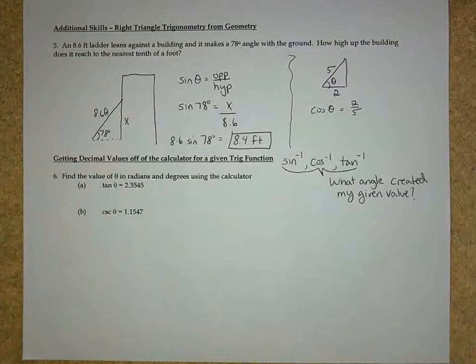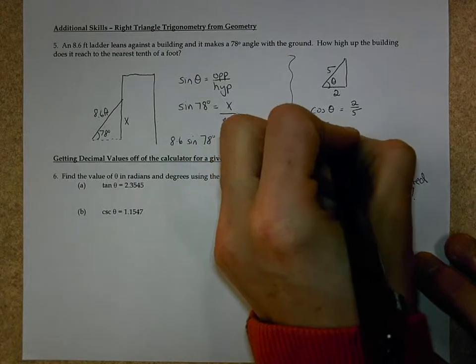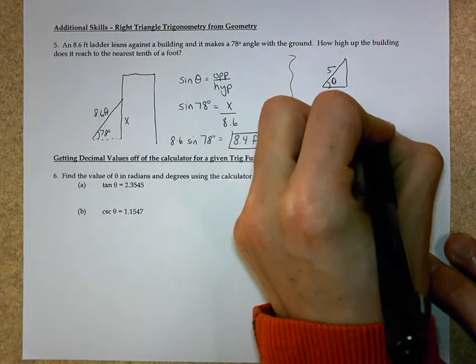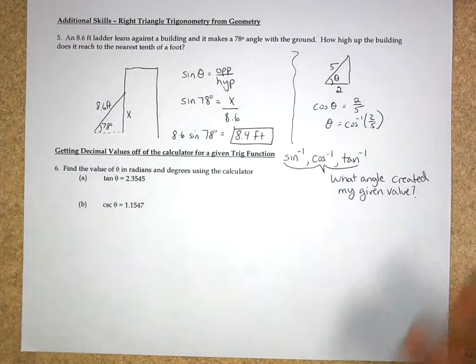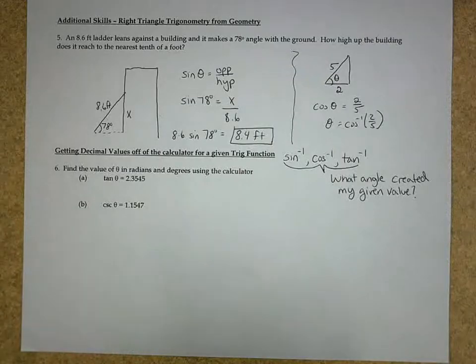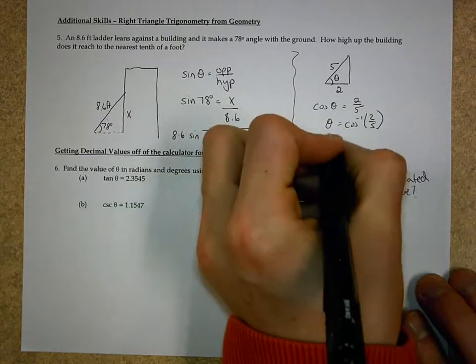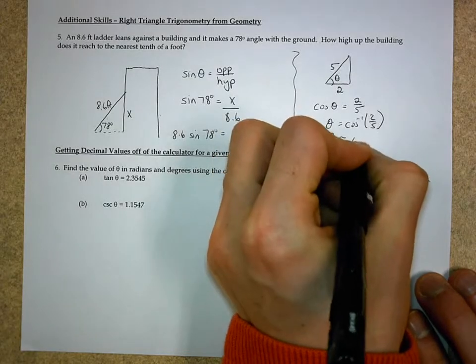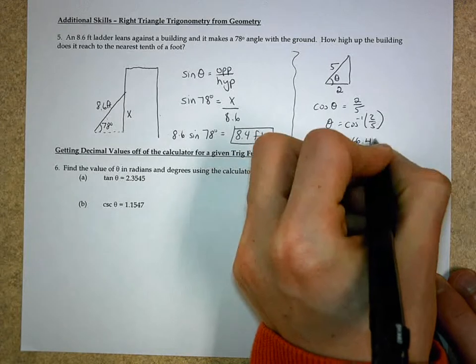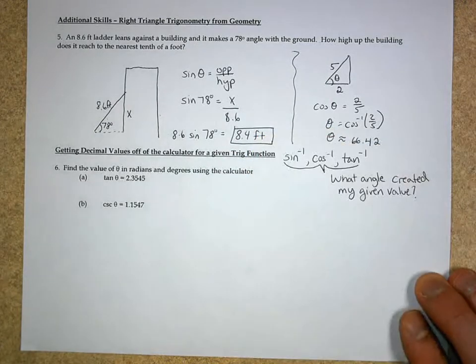And then in order to solve for theta, I used cosine inverse. So cosine inverse of 2/5 is going to give me the angle measurement of that triangle, which in this case is going to be about 66.42 degrees.